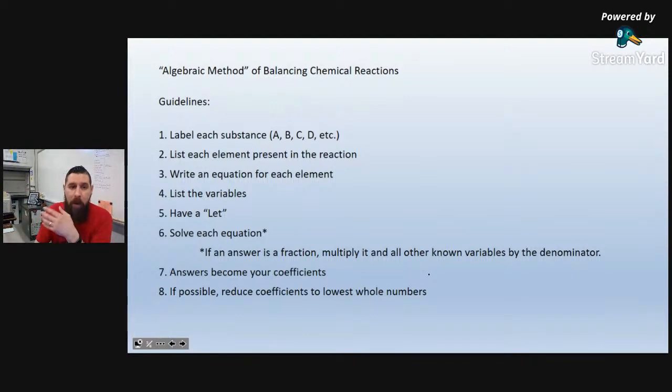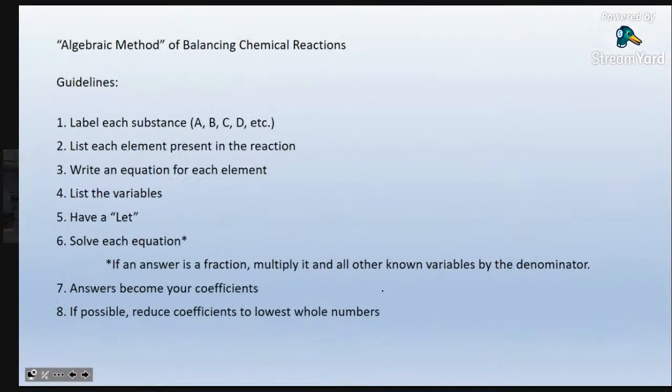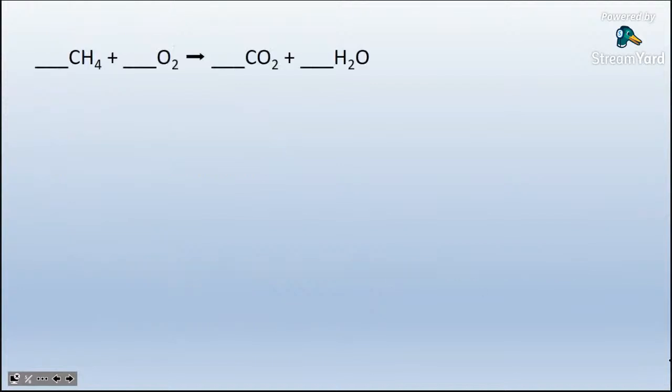So let's take a look at a couple of examples. The first one is methane plus oxygen yields CO2 and H2O. This could probably be easily balanced using trial and error, but I'm going to show you algebraically.